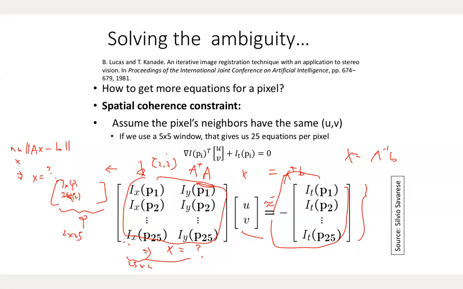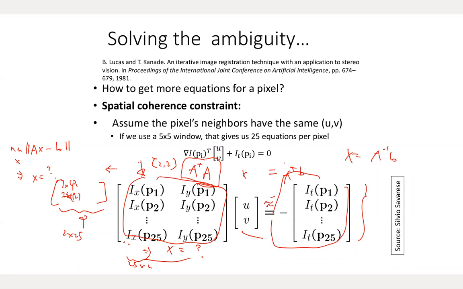And when you are over-constraining, with more equations than unknowns, most of the time this will be an invertible matrix, or a full rank matrix. Therefore this can be inverted.